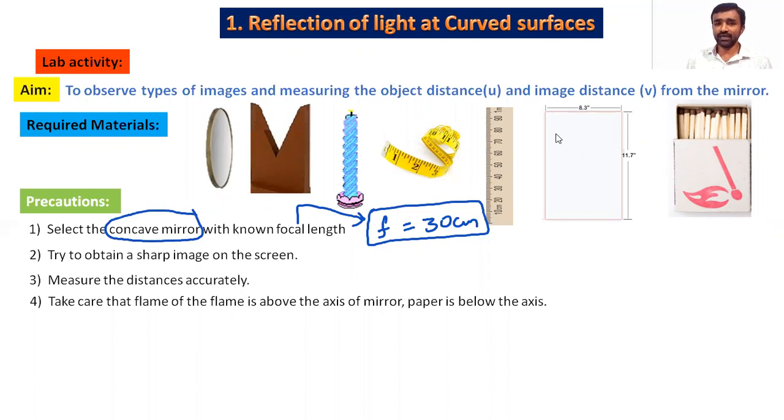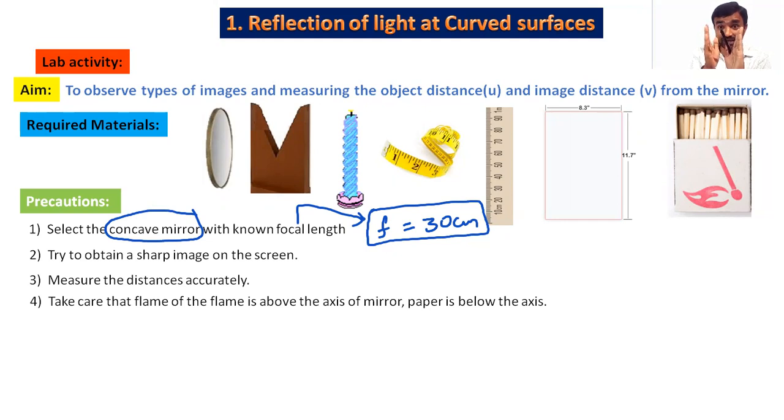Why? If both are in the same line, how will the light reach the mirror if you place the screen in between them? Suppose there is a mirror here and the candle here, and in between them I place this pen as a screen.